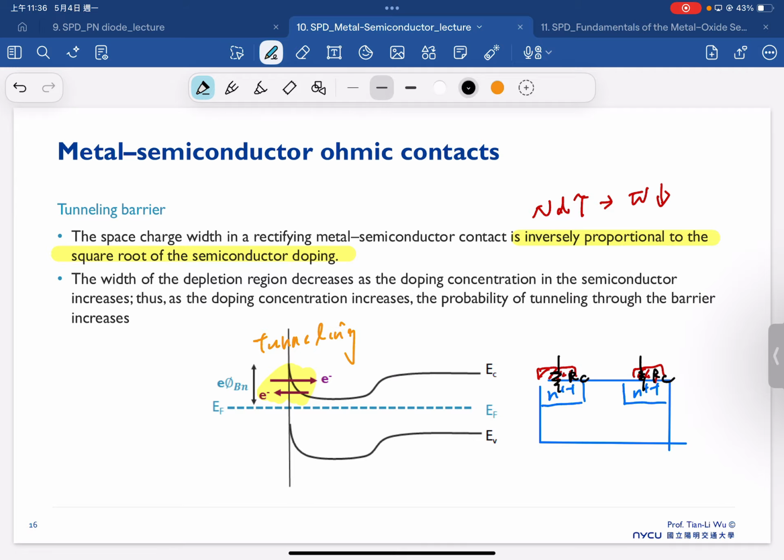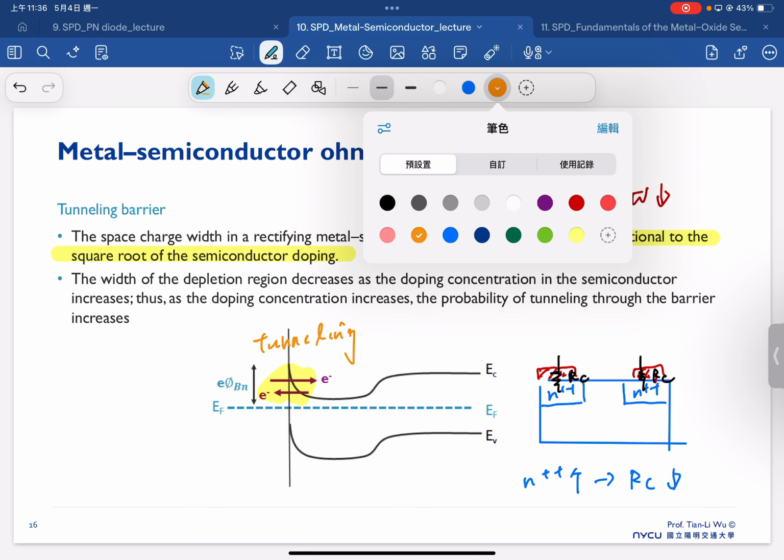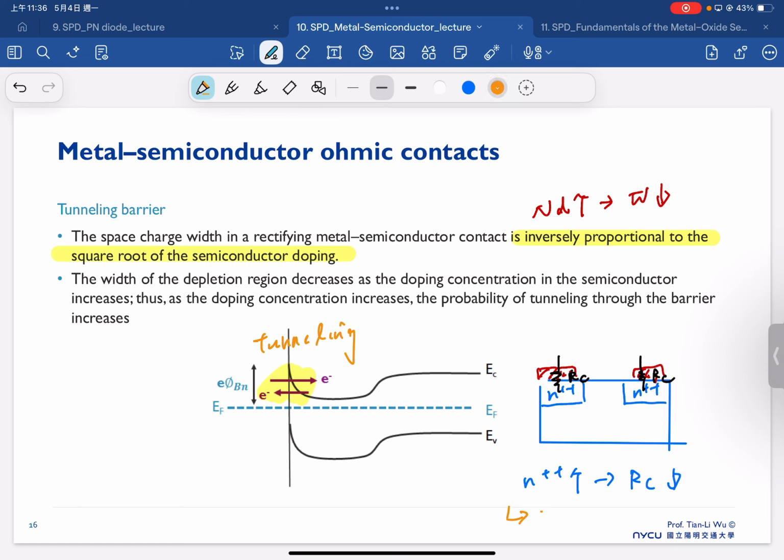So once we have the N++ highly doped junction, we always see a good reduction of the contact resistance. And one of the reasons is due to this tunneling barrier.